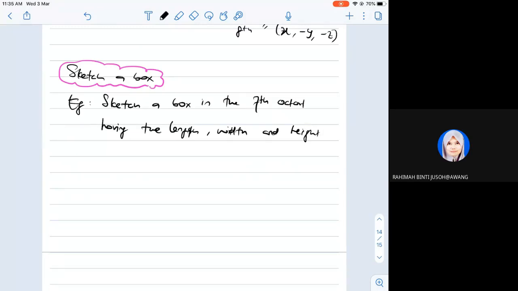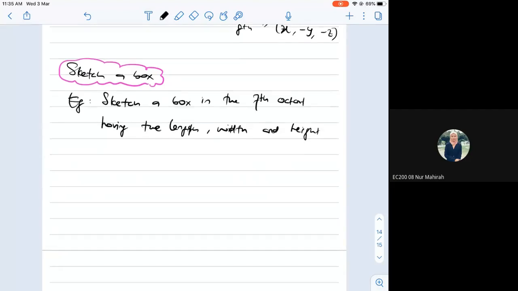Cuba bagi apa-apa nombor. Soalan ni sekurang-kurangnya awak buat lah. Beritahu saya. 2, 3, 4. 357. Boleh lah. 2, 7, 5. Okay, sekejap, 2, 7 and 5 respectively. Gitu. Respectively.